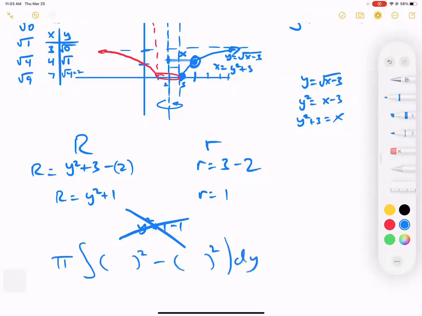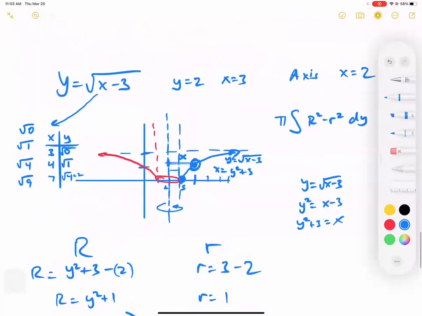Okay, R squared minus r squared. So we have to leave these separate. And from 0 to 2. Okay, 0 to 2 because that's our boundary, right? From 0 to 2. That's it.